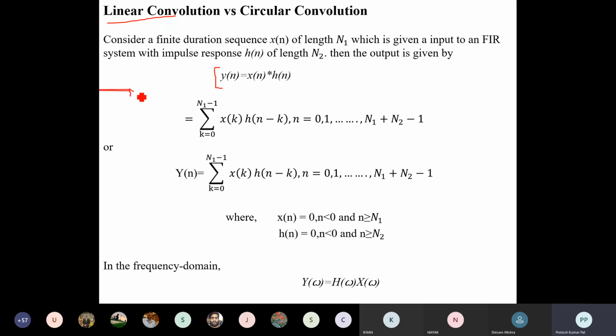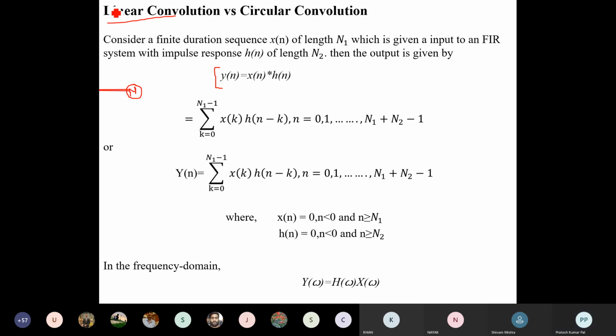If instead of star it is given like a circle with the number n written, it will be showing the n point circular convolution. So we will see what is the difference between linear convolution and circular convolution and how these two are related to each other. Okay.